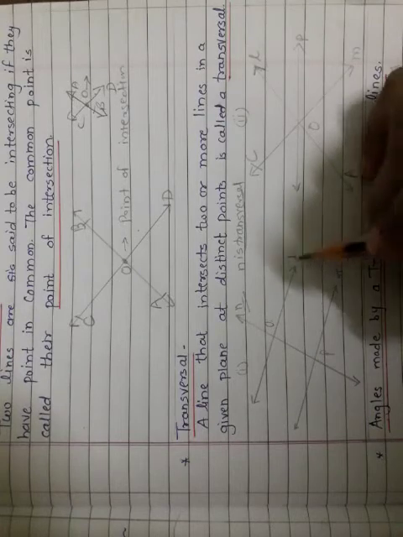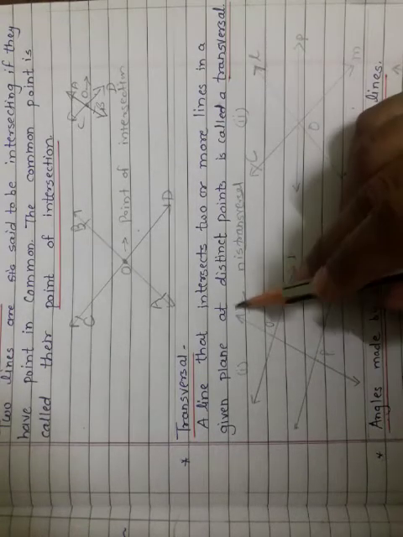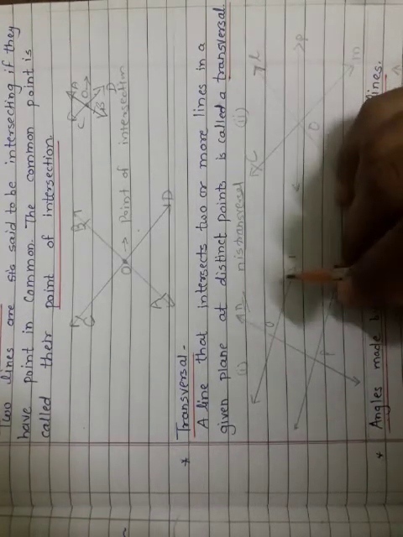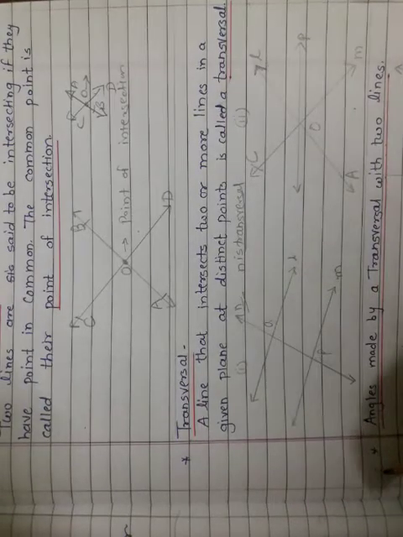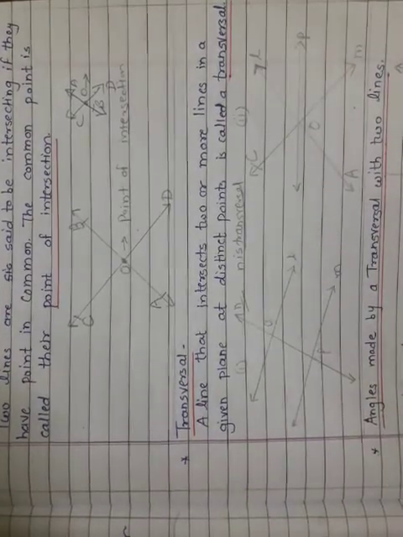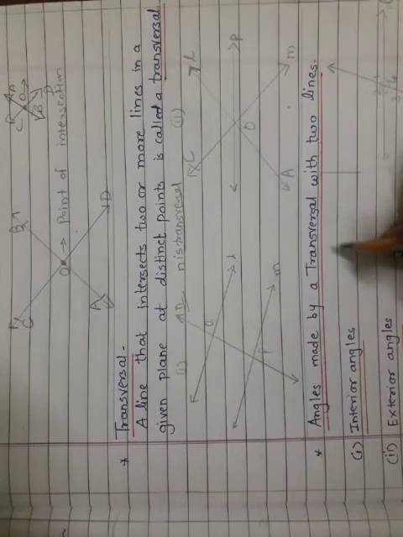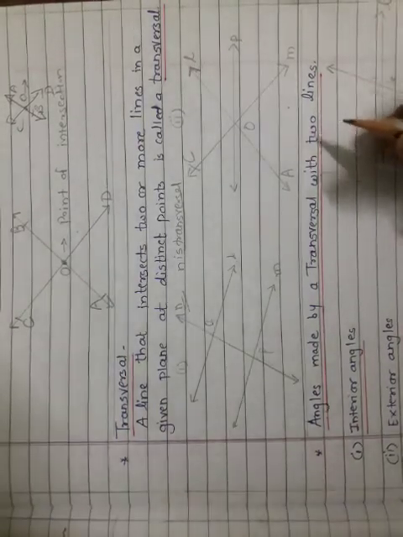So in figure 1, only N is the transversal, and L and M are parallel lines, and the N line intersects these two lines at O and P, these distinct points. It is known as a transversal. Understood?